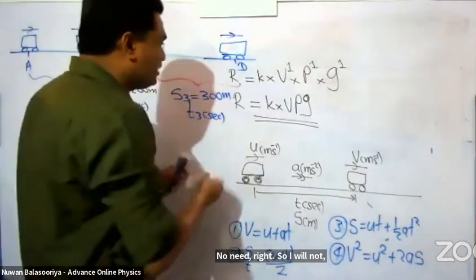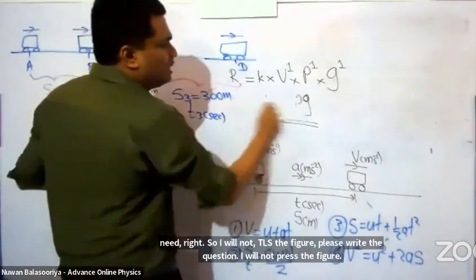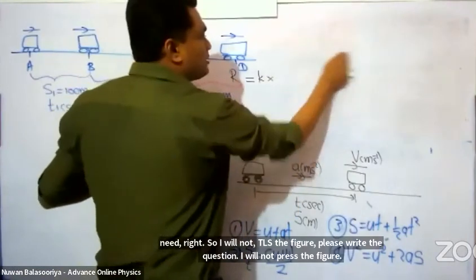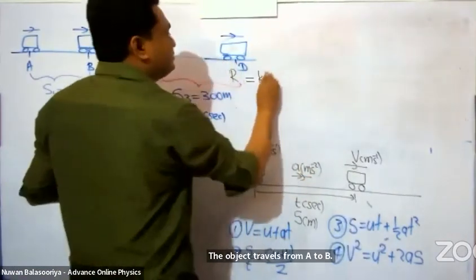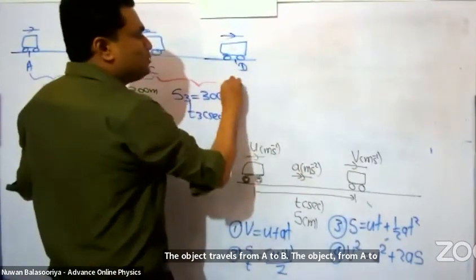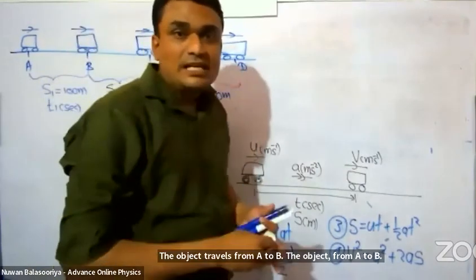Please write the question. The object travels from A to B with a constant velocity of 5 meters per second.